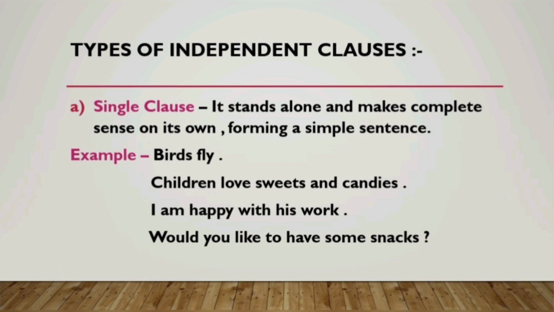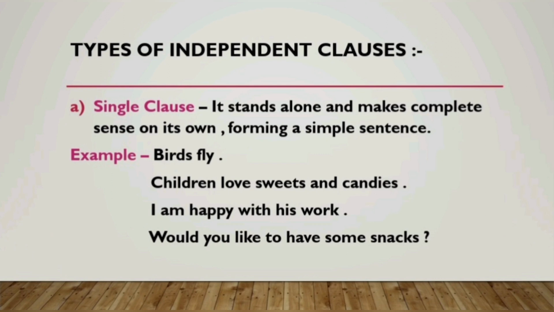Birds fly. Birds is the subject and fly is the finite verb. Similarly, the next example: Children love sweets and candies. Children is the subject, love sweets and candies is the predicate, and love is the one finite verb present here. The next example is: I am happy with his work.